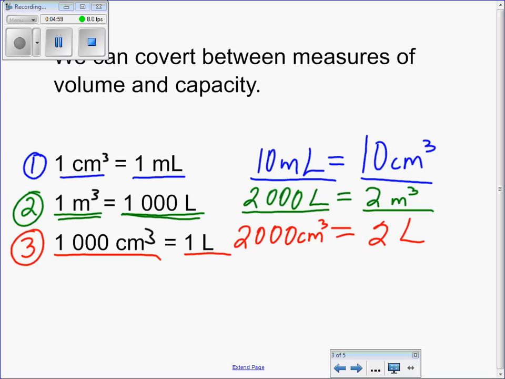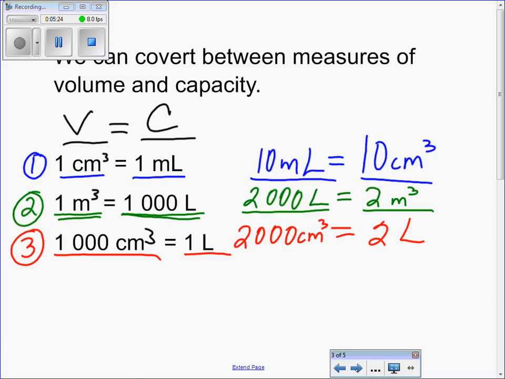So we'll convert back and forth between capacity and volume. And if you'll notice, what I did was I arranged the conversions so that the volume measurements are all on the left and the capacity measurements are all on the right.